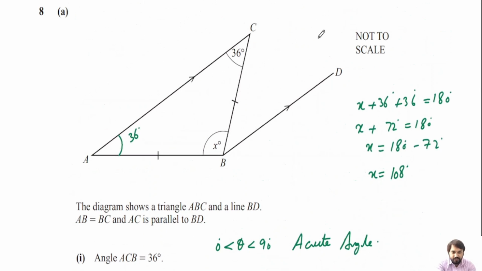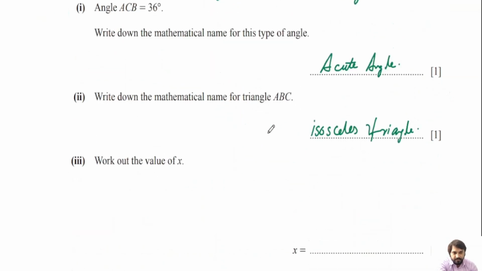Angle CBD, starting from C towards B and then D. You can see we have a set of parallel lines, so a Z shape, this is our Z. So this angle is also 36 degree, alternate interior angle.